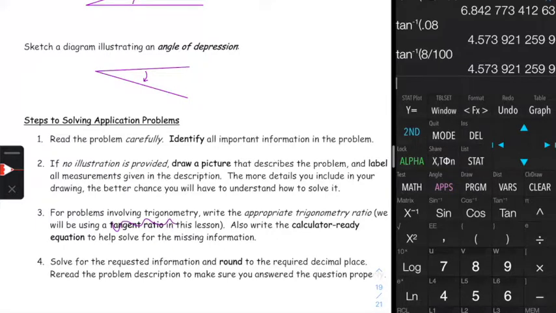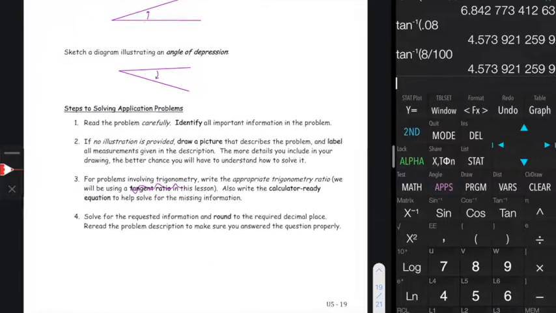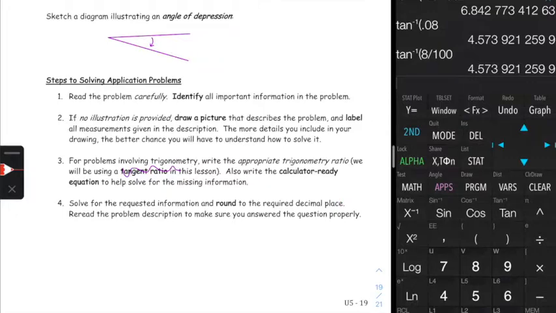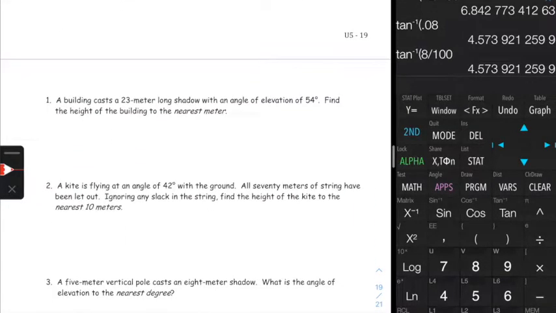We're going to really be using them all. It's good to write the calculator-ready form so we can check your work and see where you went wrong if you typed it in wrong. And make sure you always round to the correct decimal place. Sometimes we'll take off a little bit, a point or something, for rounding errors. So let's go ahead and attack a few of these.